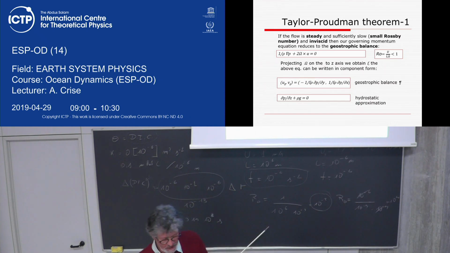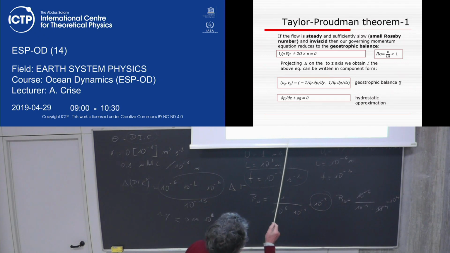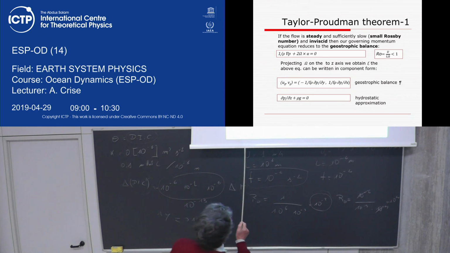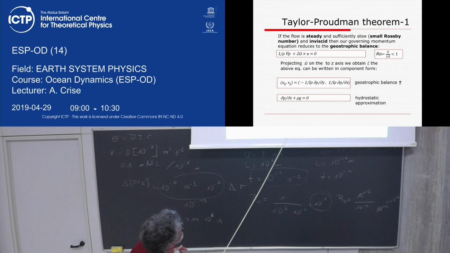These are conditions that not always are met. The governing momentum equation, you already know that, is essentially the geostrophic balance.